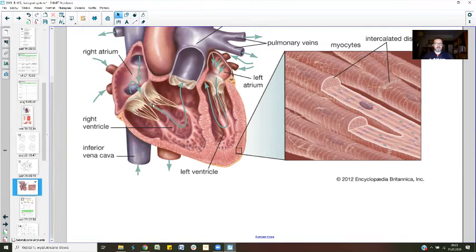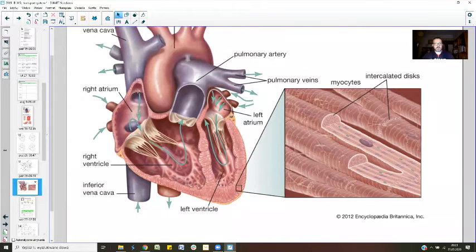Here with this arrow, the blood flow is presented. So one more time, the right atrium collects blood from the systemic circuit. The blood is deoxygenated and it flows into the right ventricle, from which it is pumped into the pulmonary artery.